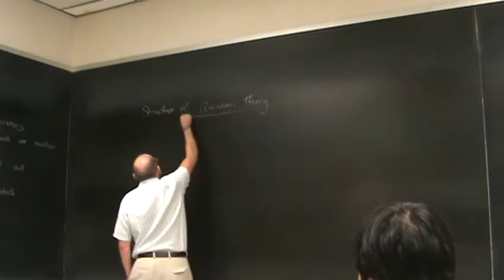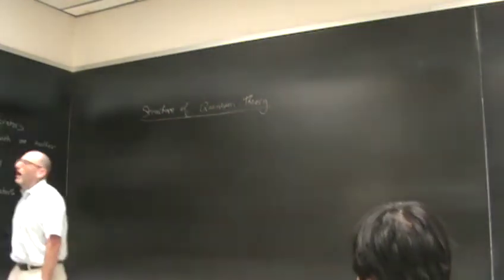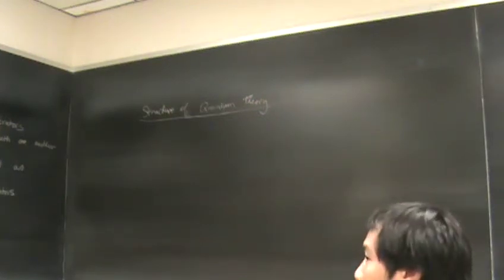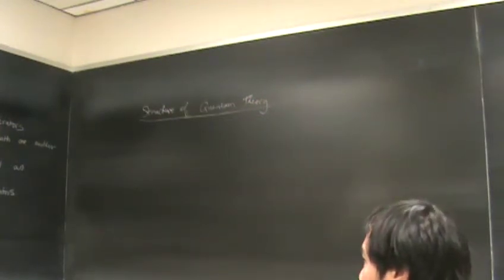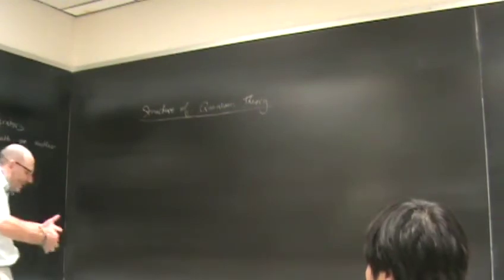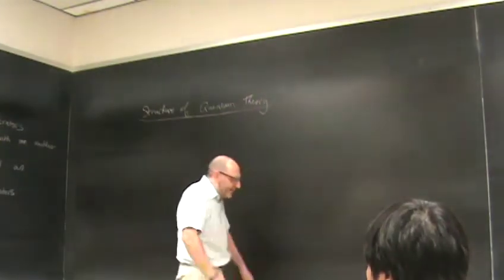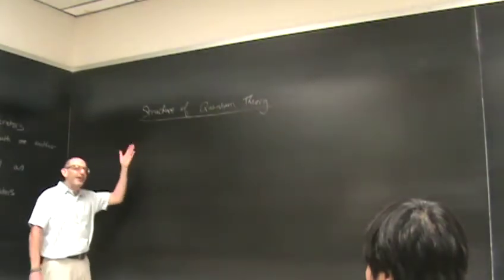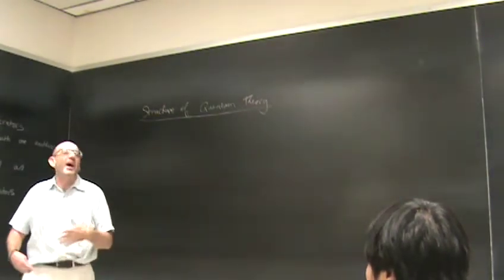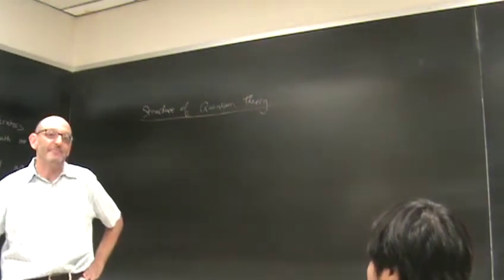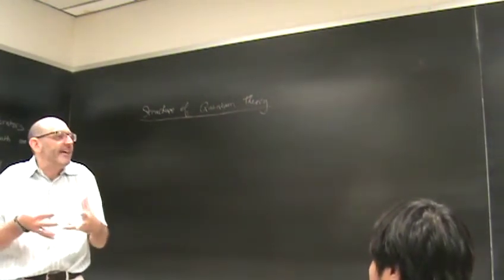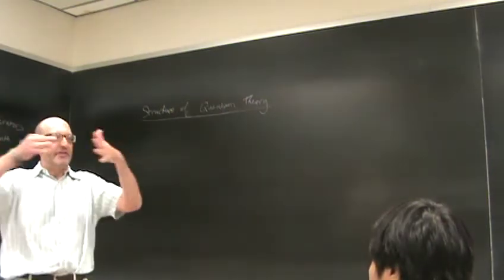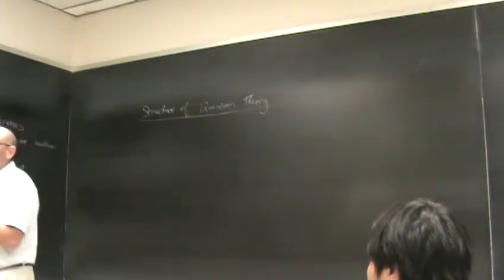In some sense, where this structure comes from, and what the basic principles are from which the structure of quantum theory arises, is still an area of active research. Are there some basic axioms, basic principles, which you just state, and the rest of the structure emerges? We have theories like that.